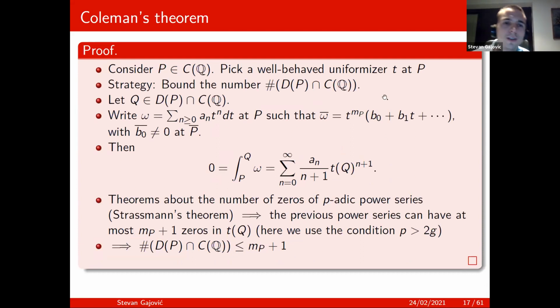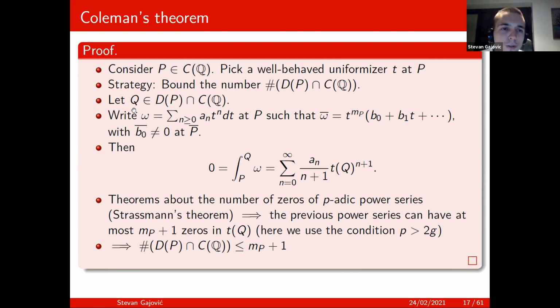And then, how do we bound the number of rational points? If we start with one rational point and consider a well-behaved uniformizer at T, the strategy is to bound the number of rational points within its residue disk. A curve C will have finitely many residue disks, and we take a point within each one, and then we bound the number of possible rational points.